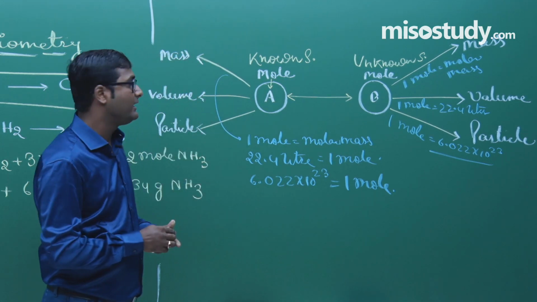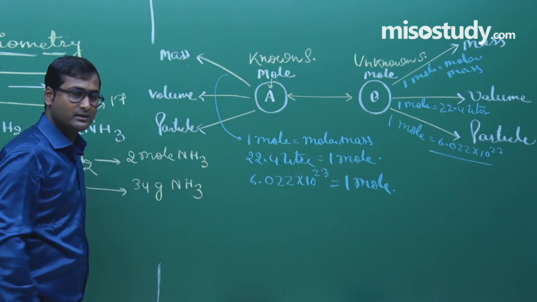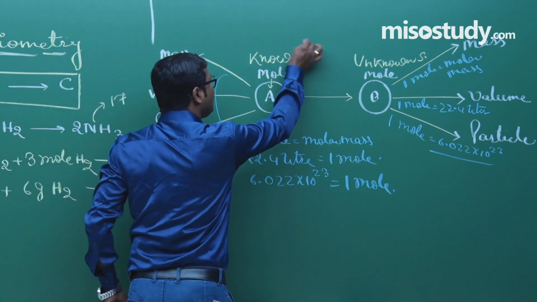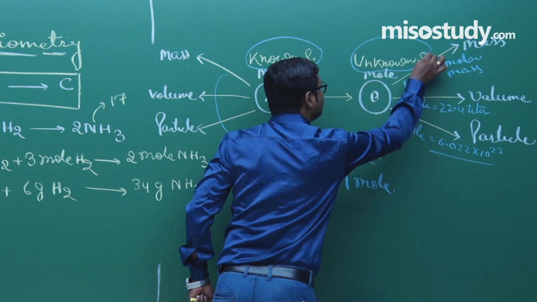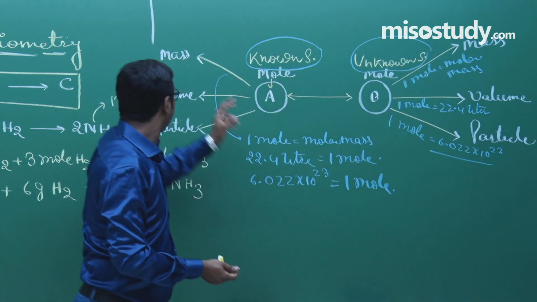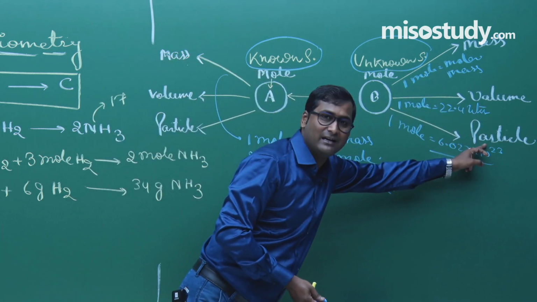Now, how to link them? Mole is related to mass, mole is related to volume. So, if this is a known substance and this is an unknown substance, what is the first relation? Look at the mass relation, mass-volume relation, mass-particle relation.